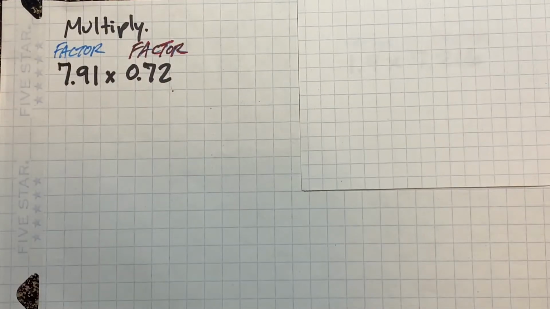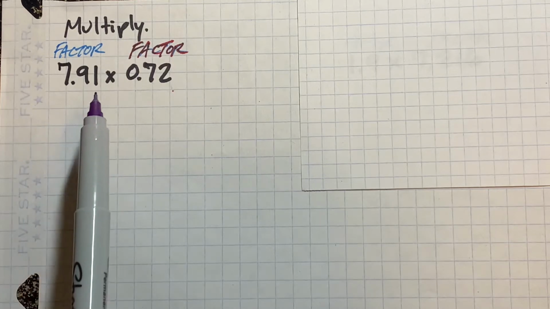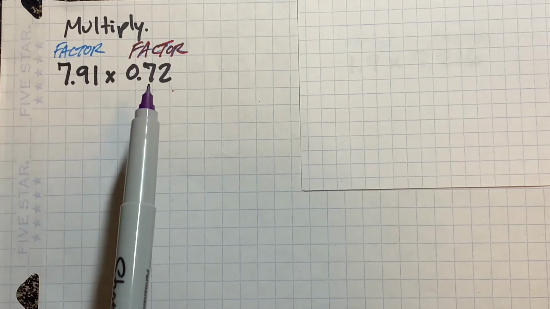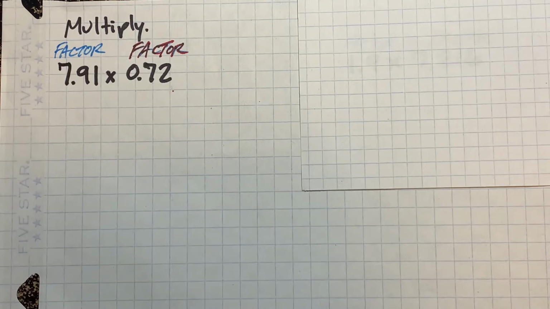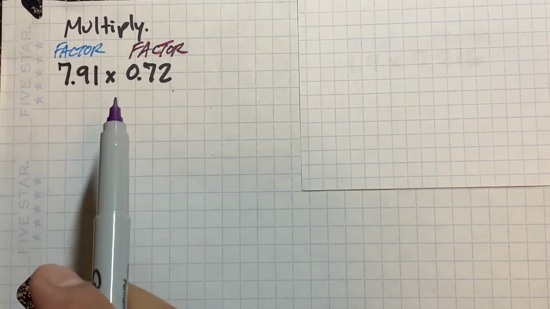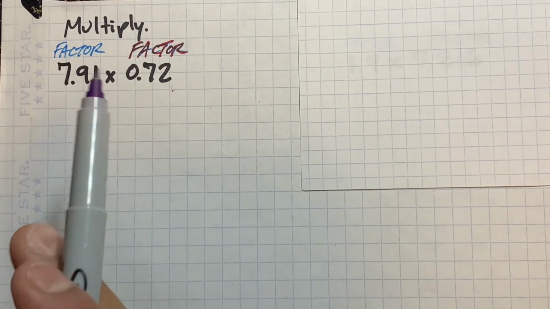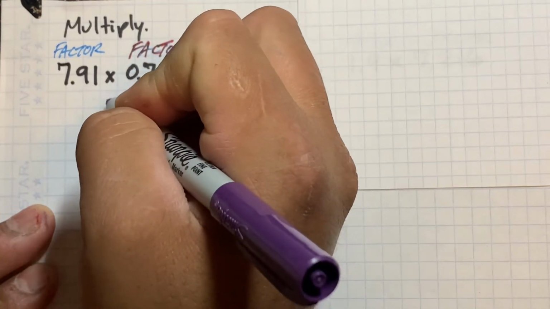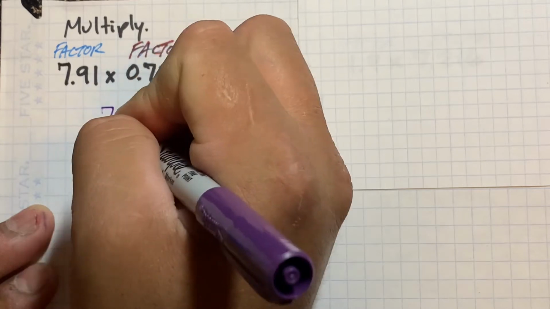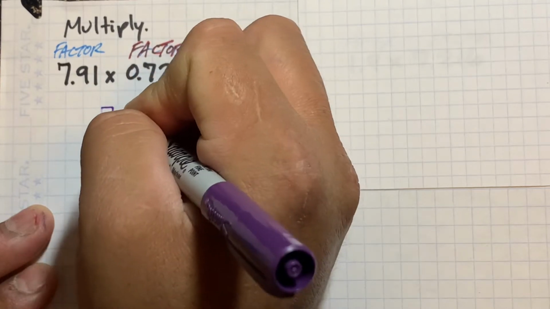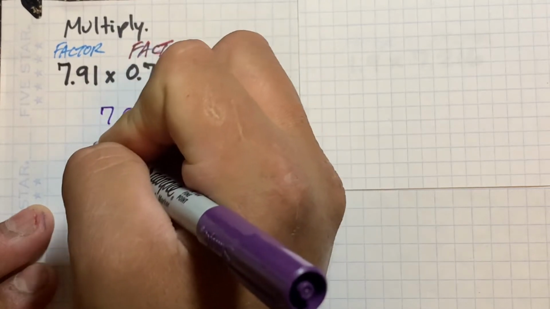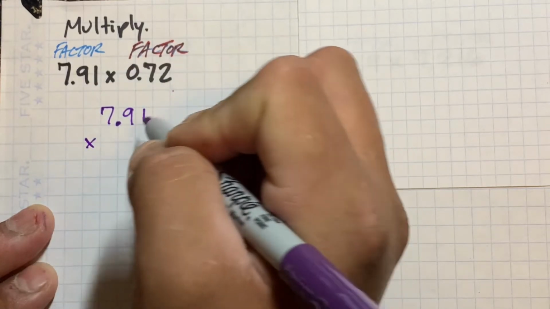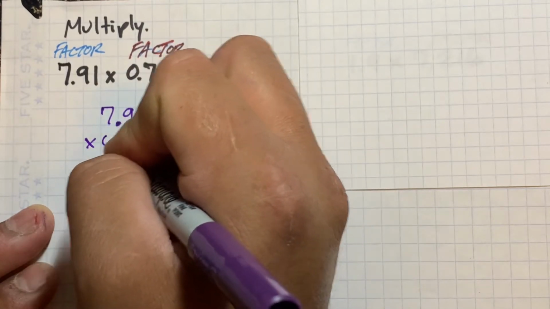All right, so our first problem, we have 7 and 91 hundredths times 72 hundredths. The first step is to take this horizontal form and write our problem vertically. So 7 and 91 hundredths times 72 hundredths.